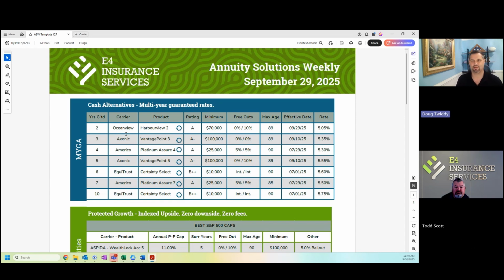Remember, just because it's a carrier that you don't know, that you haven't heard of, doesn't necessarily mean that they're super new. We do a lot of homework into the carriers that we get contracted with and that we offer to our advisors. We look at their financial backing, their strengths, their investments, their reinsurance.